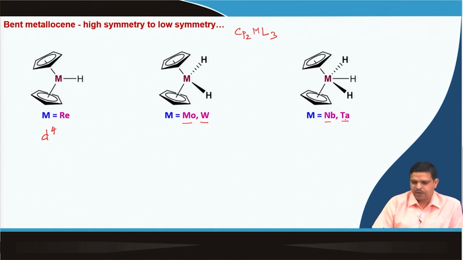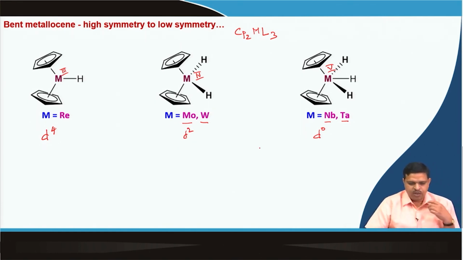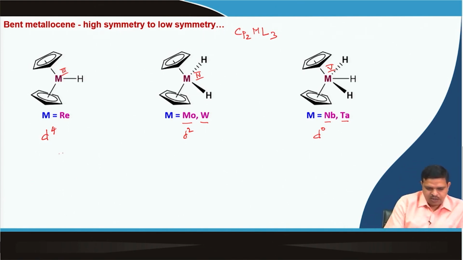So, metals are different, and here the oxidation state is 3, here 4 and here 5, and this is the d0 case. So, there is no d electron. We will see, after understanding the molecular orbitals, that it has two lone pairs.